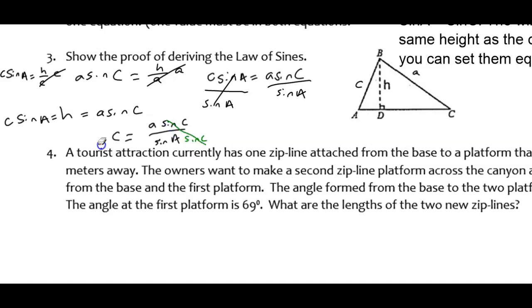So I'm left with C over sine of C, which equals A over sine of A. And if you remember, that's your law of sines rule. Side C over sine of C equals side A over sine of angle A. So this is how you derive the law of sines. The only one we didn't include was side B over sine of B, but that's how you derive it.